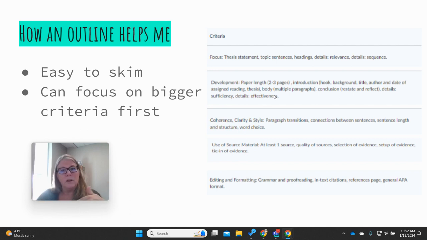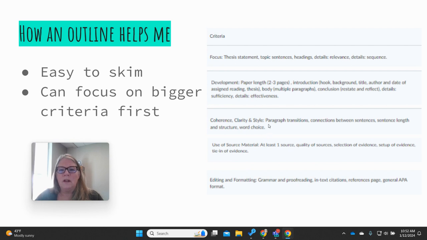And I can see if there are places where you might need to add more detail. I'm not looking for all that detail on your outline, but I'm looking for the possibility of details, all right? Also, are you on the right track with your introduction, your summary, all those things? So that's development. Do you have the ideas to develop the full paper? And if not, it's easier to make changes with an outline than it is with a full paper, right?